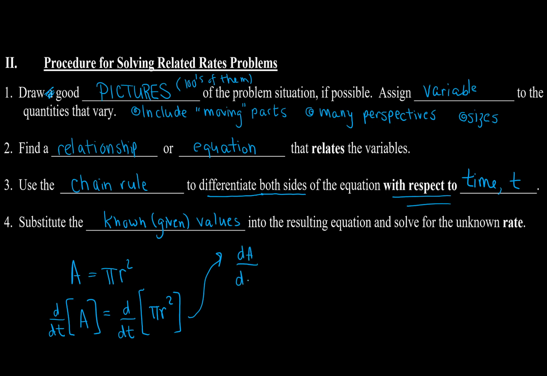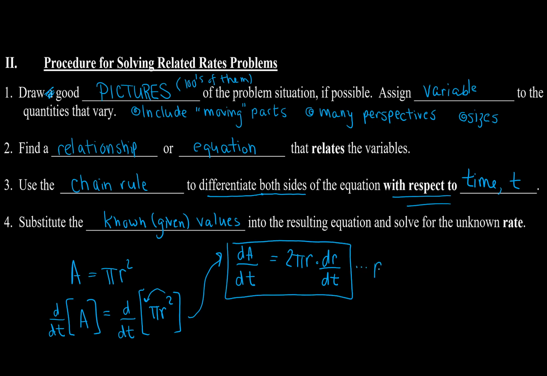What I'm going to end up with is dA/dt on the left side. On the right side, this 2 will come down, and I'll end up with 2 pi r, and then because I took the derivative of r with respect to t, I need dr/dt.